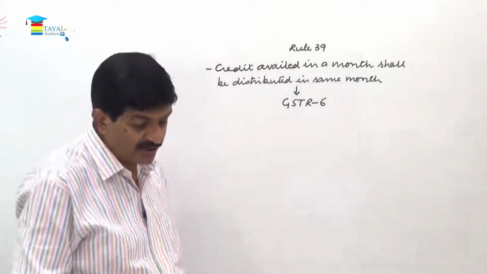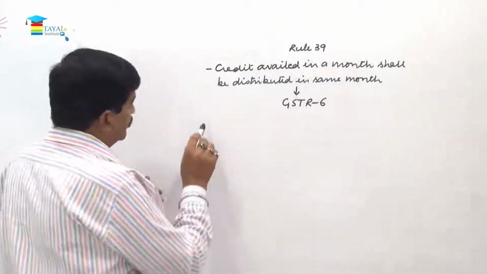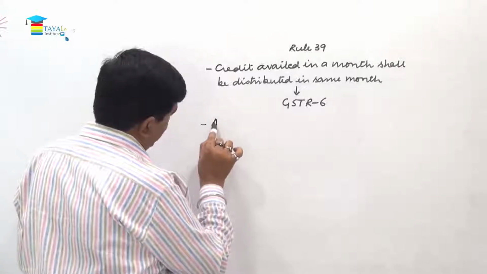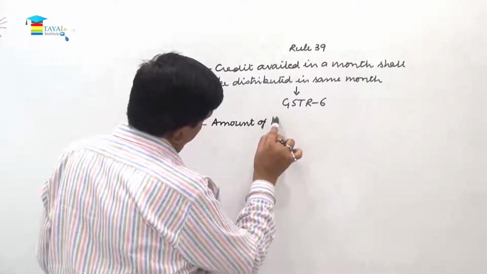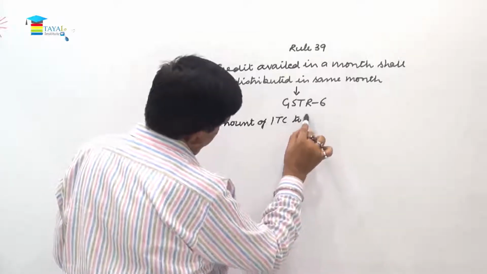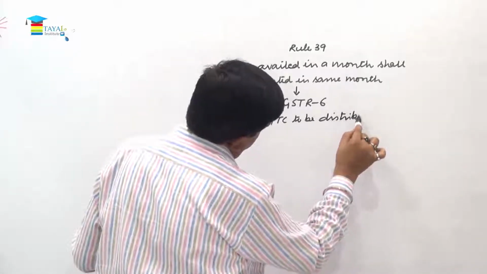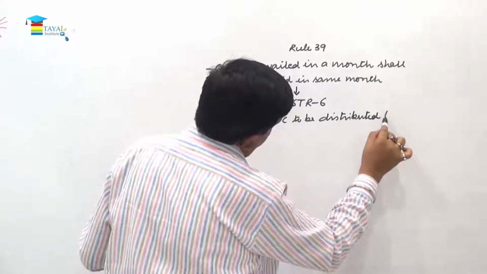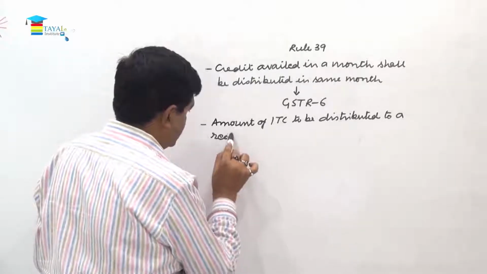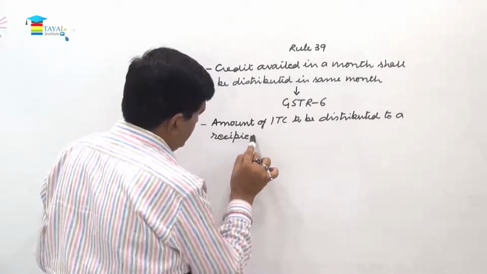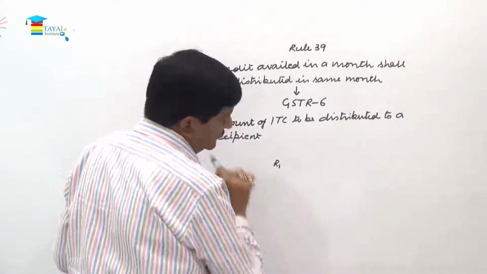Now this is further giving the formula for determining how much amount was to be transferred to one particular recipient. So this is giving amount to be transferred to a recipient. Amount of input tax credit to be distributed to a recipient, assuming we give it number R1.